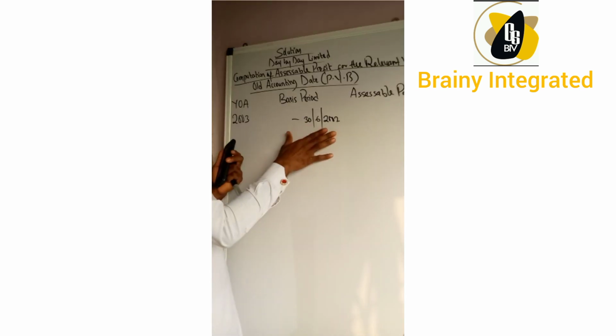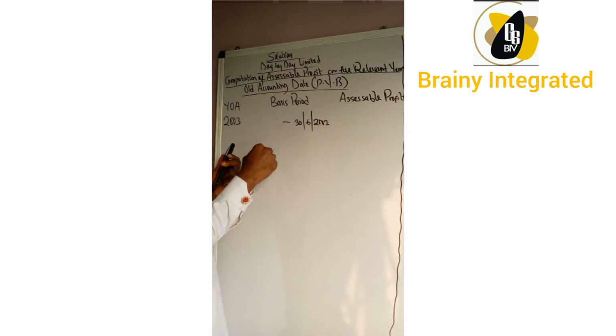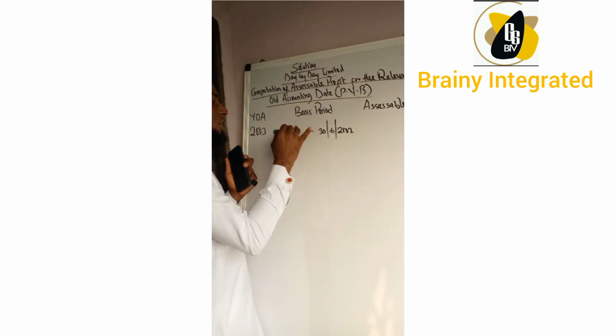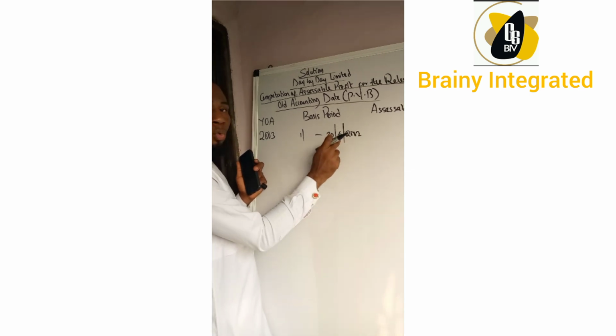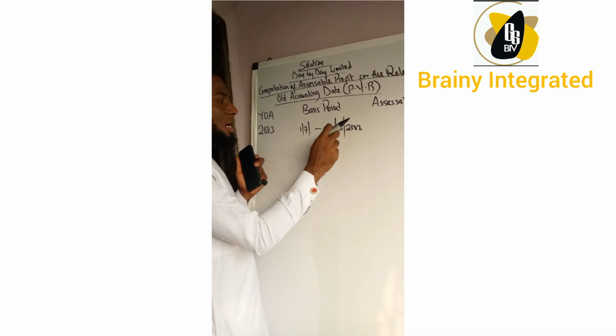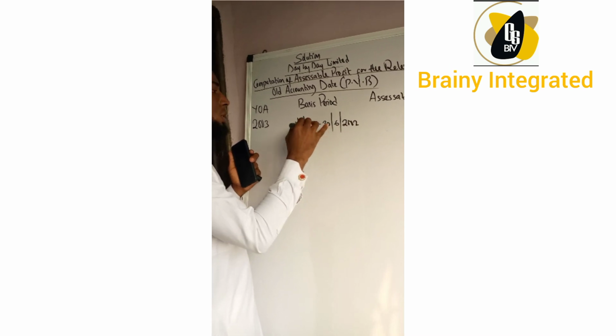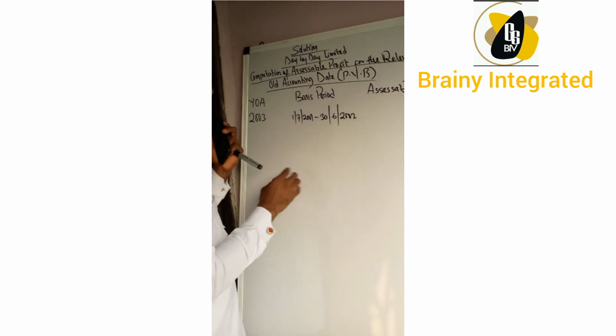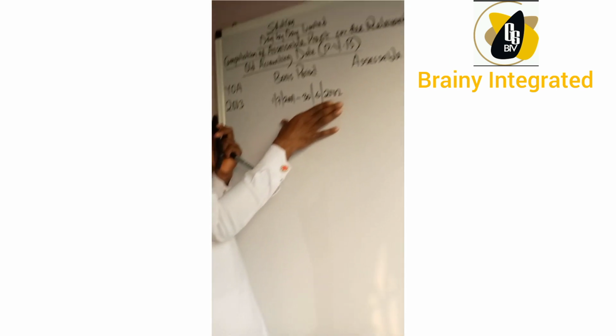So after doing this, we will now count 12 months backward. To count 12 months backward, remember that we'll just bring the beginning of the months. We'll add 1 to the months here, which is 7. All right, and this will be 2001. Okay, so after doing this, we have achieved the basis period.